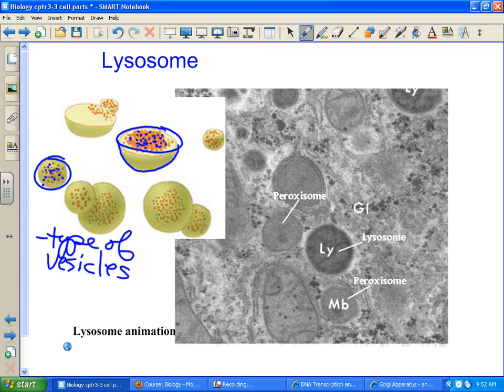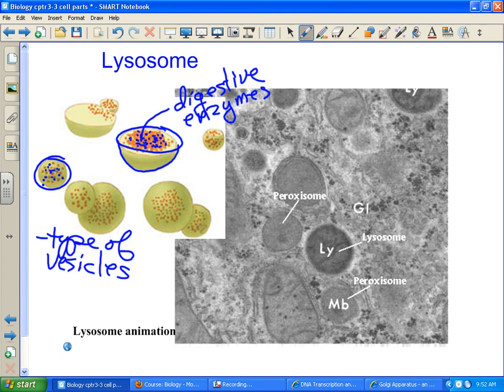And the difference is what they're carrying is dangerous. These yellow, orange dots are digestive enzymes, which is another word for protein. These are powerful chemicals that if they contact something, destroy it, digest it.